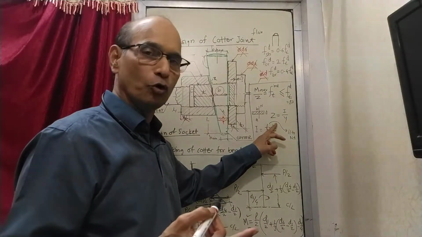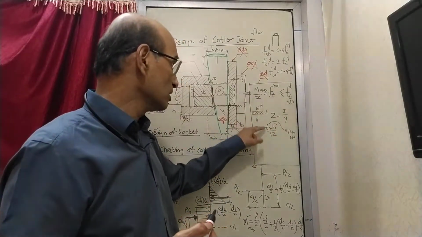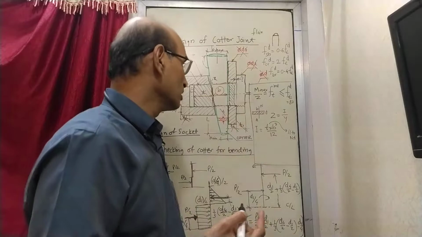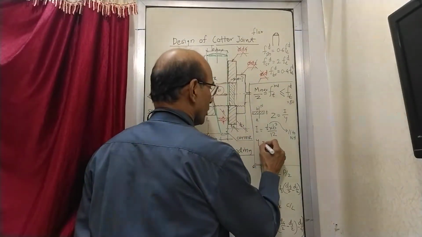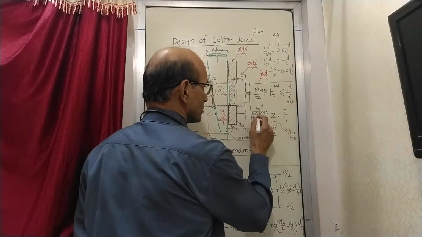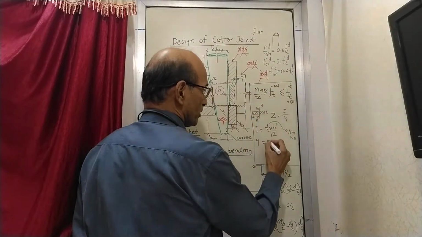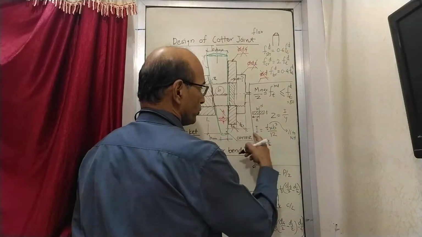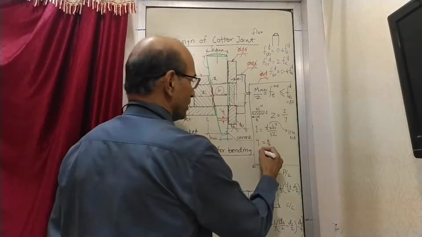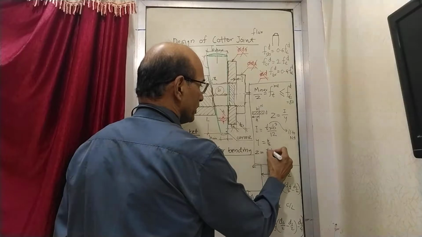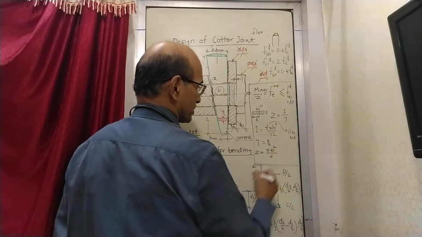So TB cube by 12, that is the I for this section, and Y is the distance which is maximum away from neutral axis. So in this case it is B by 2. So when you find out I upon Y, then Z becomes TB square by 6.